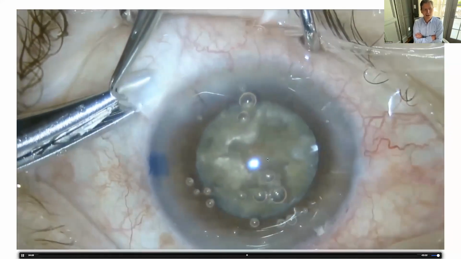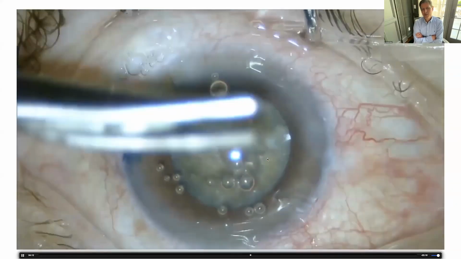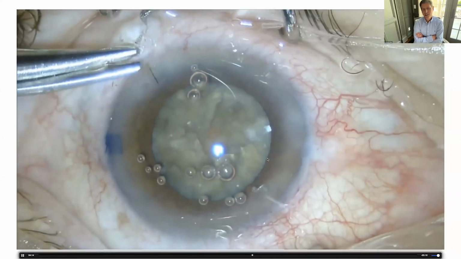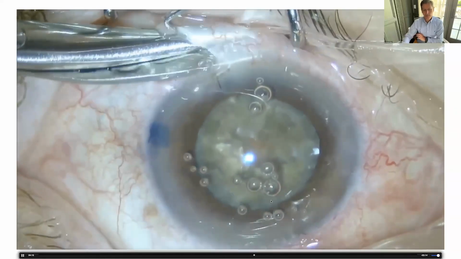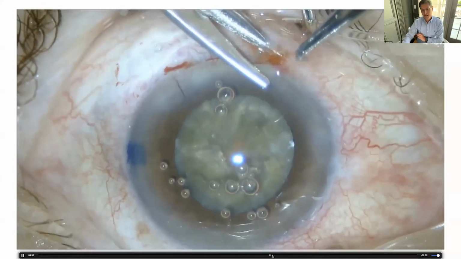That's a saying that we have in Colombia, and so it's better to just put a little stitch on our incision, do a peritomy, a superior peritomy. I'm gonna advance this a little bit.